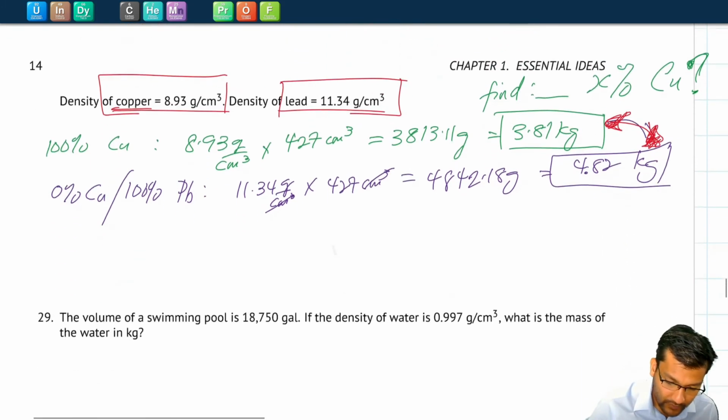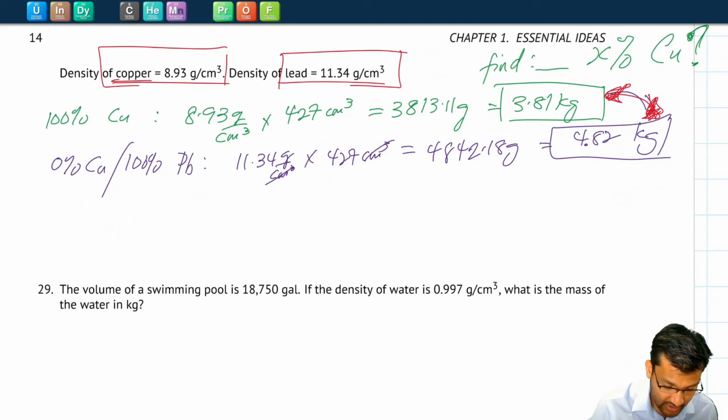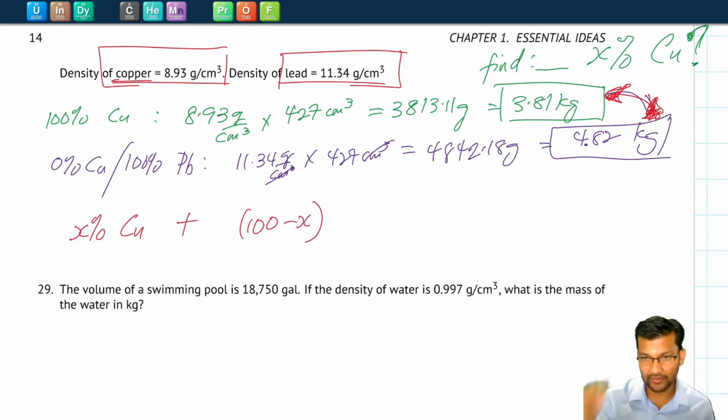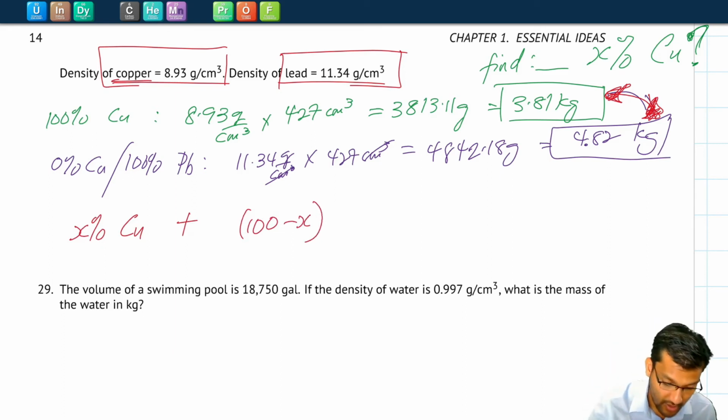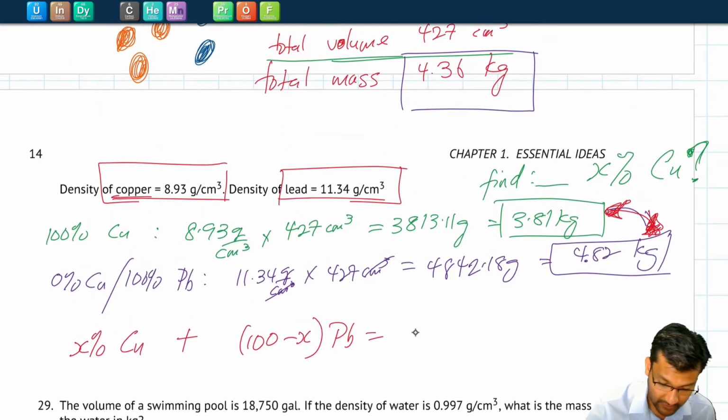Well, some percentage, not 100%, of copper, let's say X% of copper, plus, let's say 100 minus X, everything that's not copper, of lead should add up to the total mass, 4.36 kilograms.